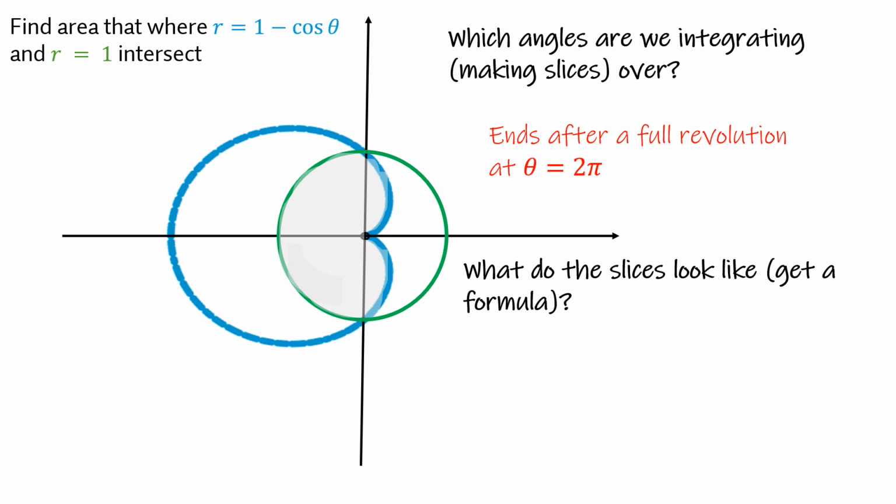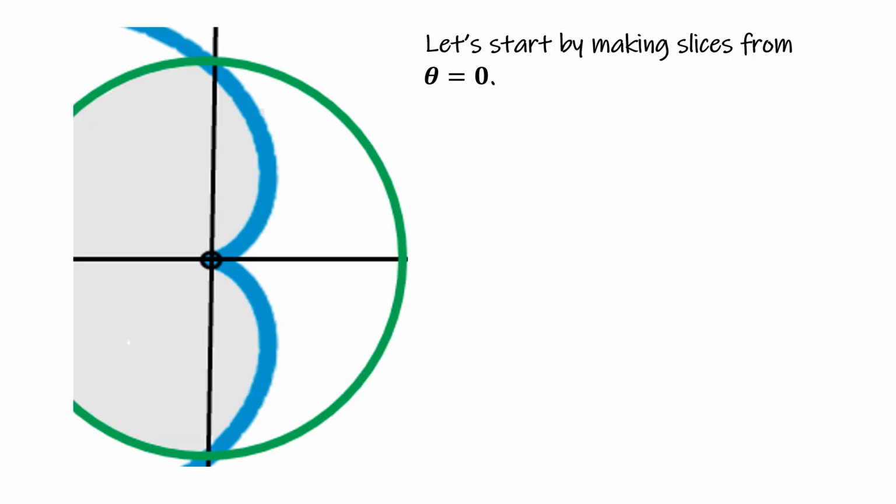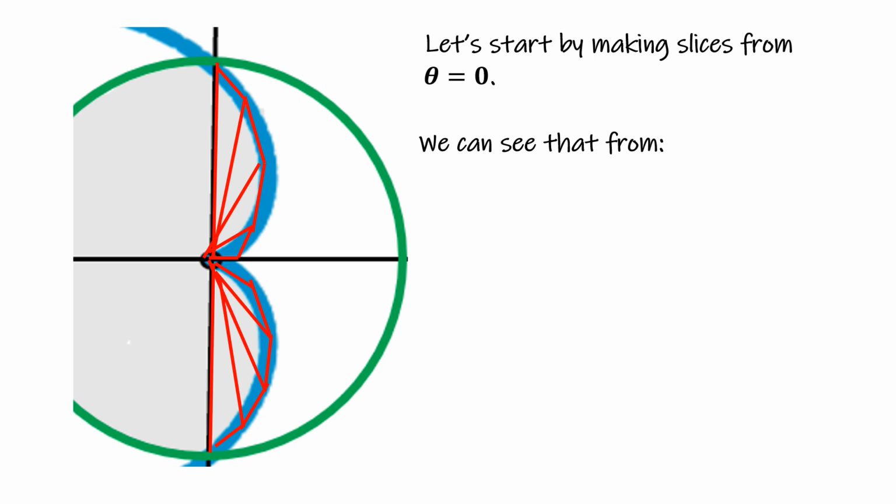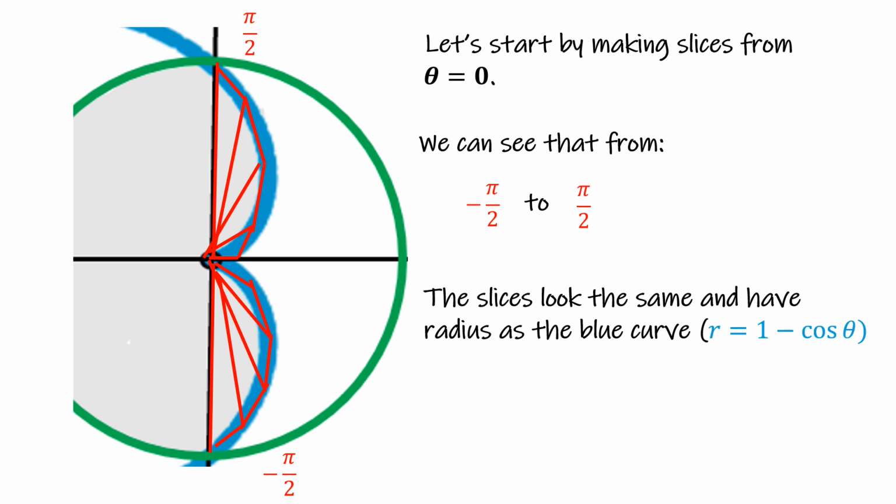So what are these slices going to look like so that we can figure out a formula? Let's zoom in and start making our slices from theta equals 0. Now we're only going to slice in our shaded region, and we can see that from negative pi over 2 to pi over 2, the slices look the same.